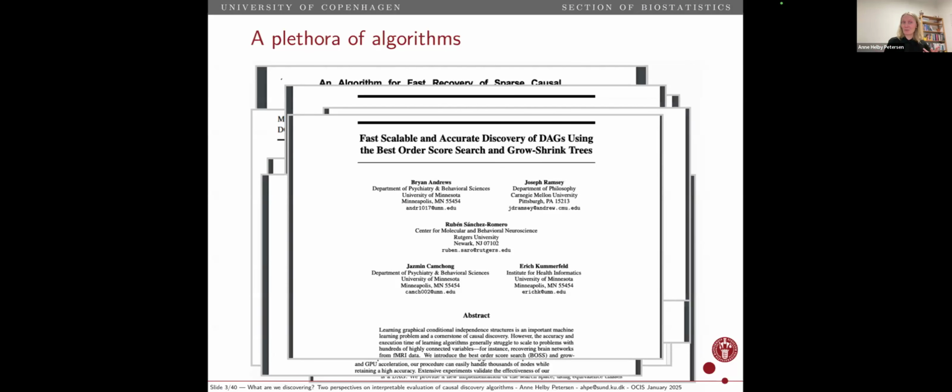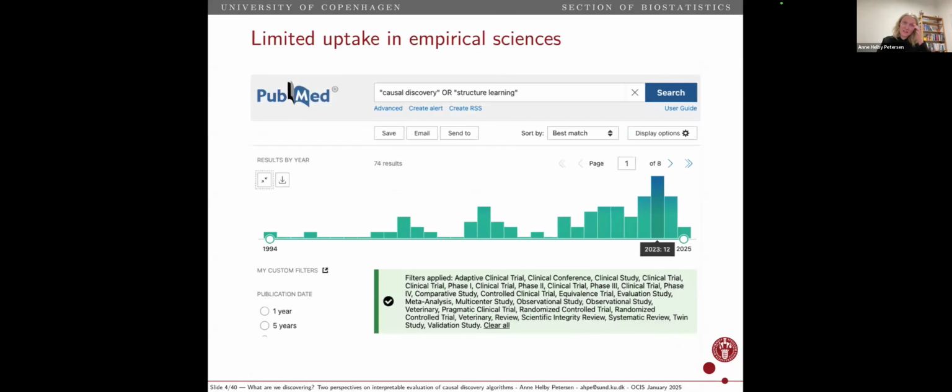But how do they then work in the real world? That is something we know less about, or just in finite data even. If we look into the empirical sciences, I think the uptake is what we can call quite limited. This is a quick search on PubMed, which covers a lot of medical and health science publications.